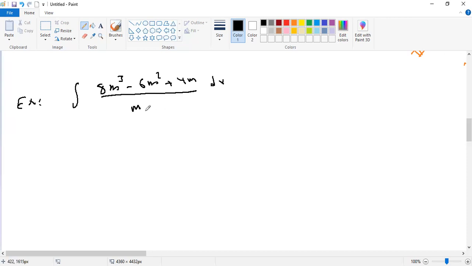So how to find the integral? In this case, the solution is to rewrite: 8m cubed minus 6m squared plus 4m divided by m dm.